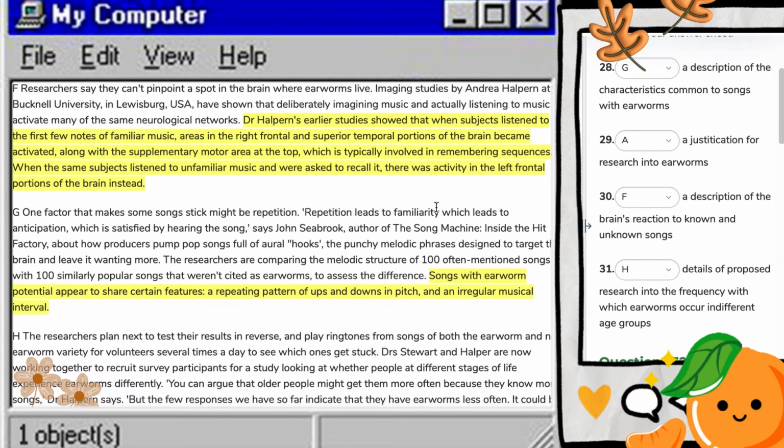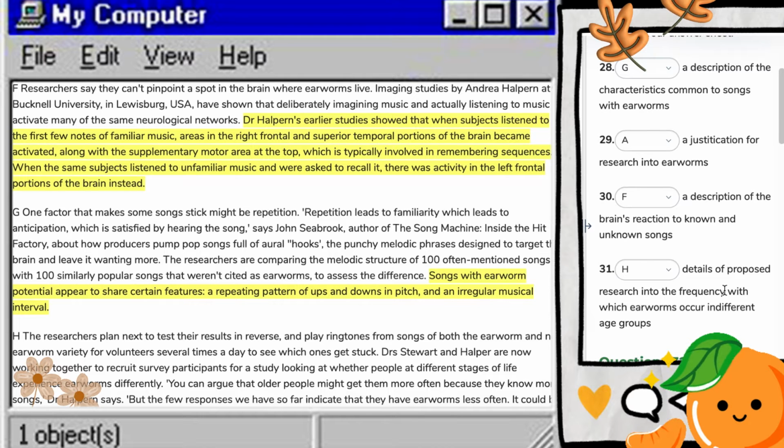So, unfamiliar is unknown and known is familiar. Here, familiar music and unfamiliar music are just different paraphrases. It is a synonym, you know. You have to focus on the synonym to find the right information.